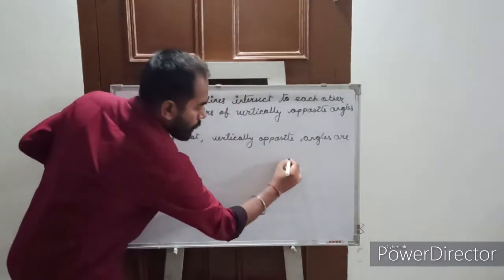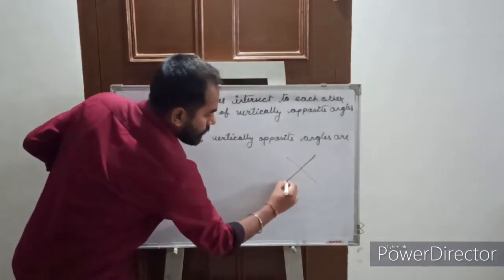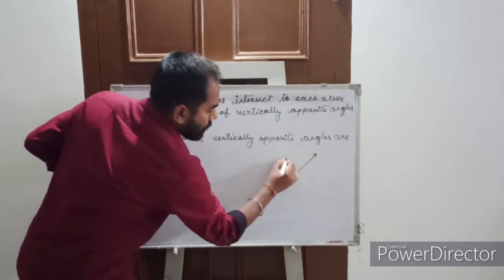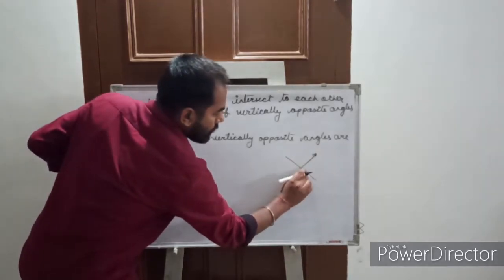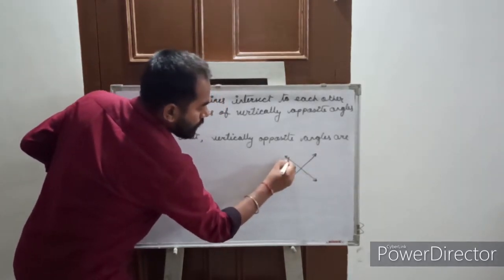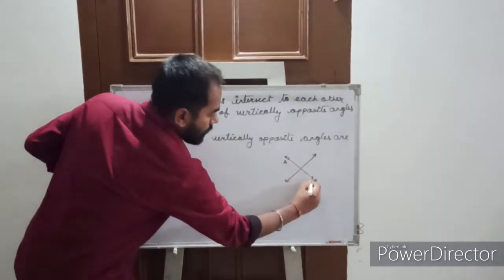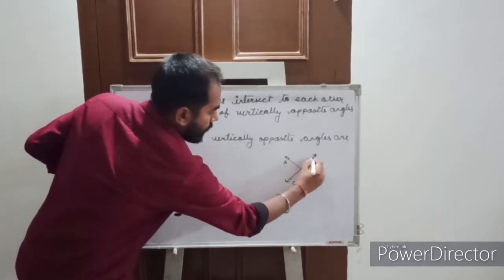At first we will draw two lines, and we name them AB and CD.